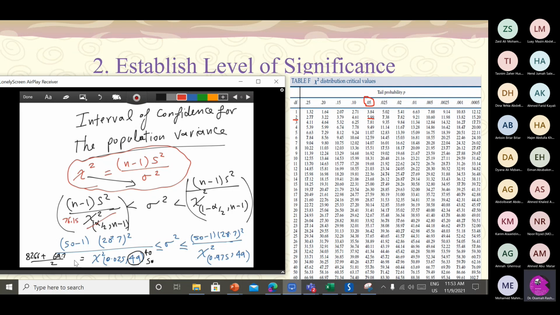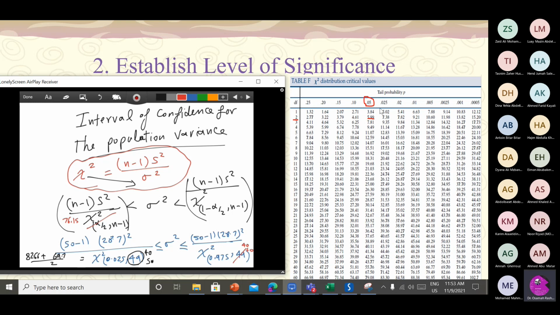Let's go for the other one. Okay. I don't have 49, so I have 40 and 50, right? And 0.975. What is 0.975? I don't have 0.975.